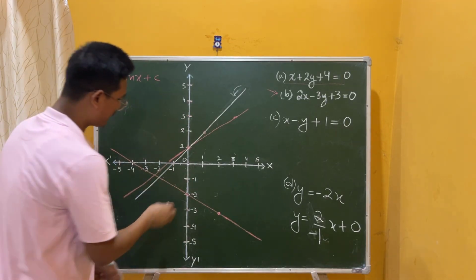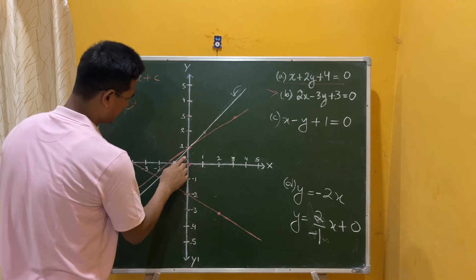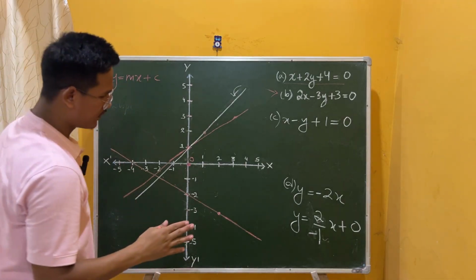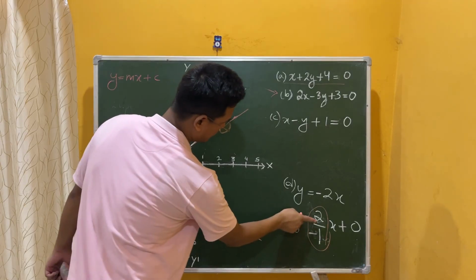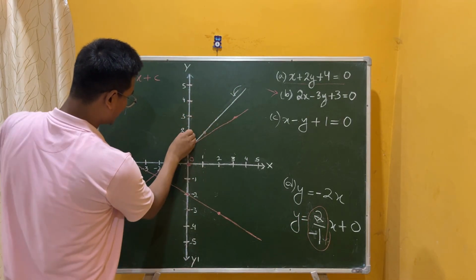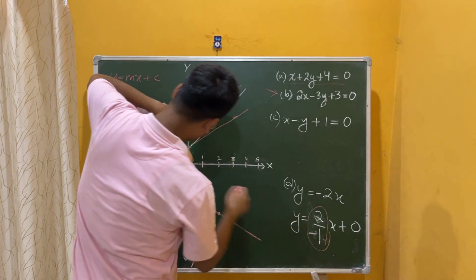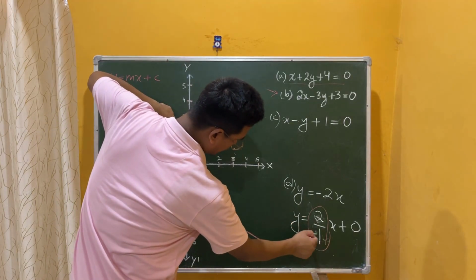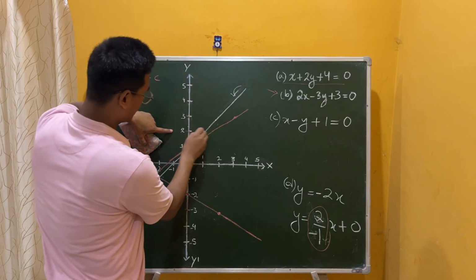So this is going to be your first point, so let's write the origin here. The second point obviously will have to come here. Rise, 2 units rise. Okay, 1, 2. You rose 2 units from the origin. Now run. It's negative, so you will run in the negative direction, not in the positive direction.